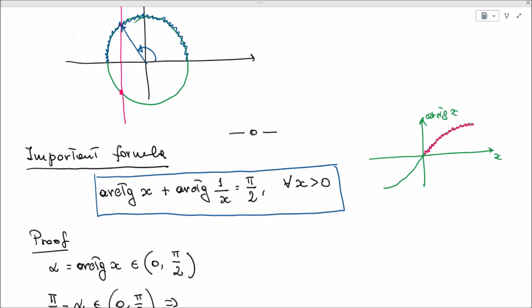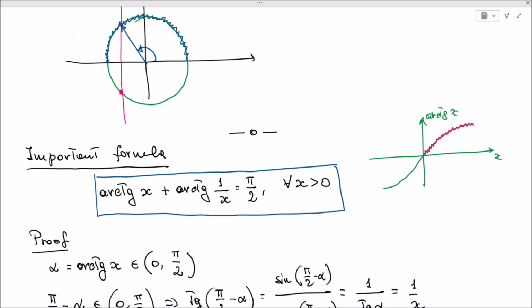So that implies that the tangent of pi over 2 minus alpha, which remember is just the sine of pi over 2 minus alpha divided by the cosine of pi over 2 minus alpha, we know from elementary trigonometry that this is just equal to 1 divided by the tangent of alpha. And this is equal to 1 over x.